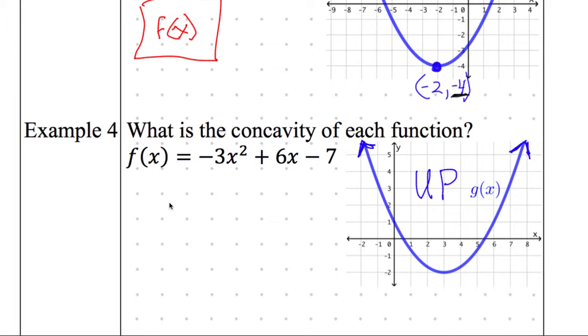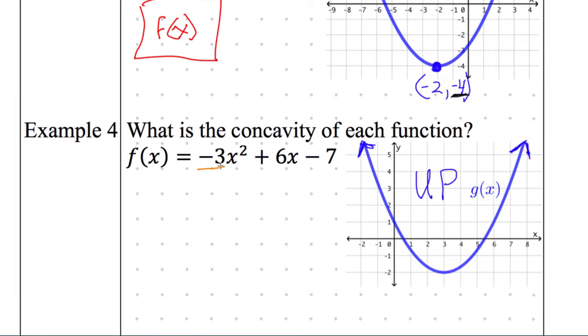And now a harder question. What is the concavity of f of x? Is it up? Is it down? Does anyone know? Cheyenne. It is down. Can you explain why? Are you talking about the -3 or the -7? Okay, yeah, you're correct.